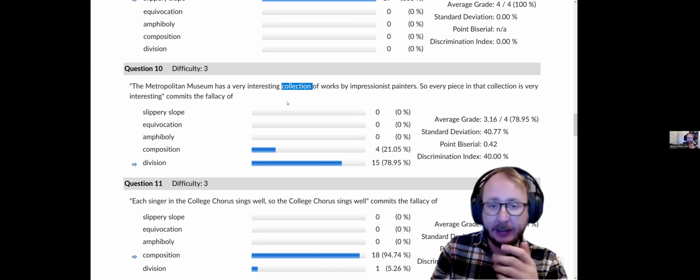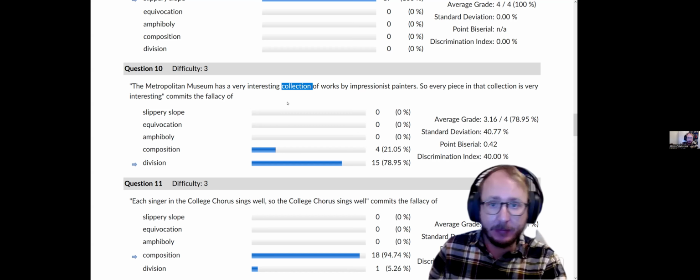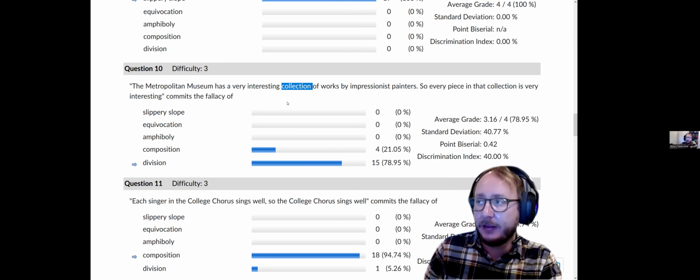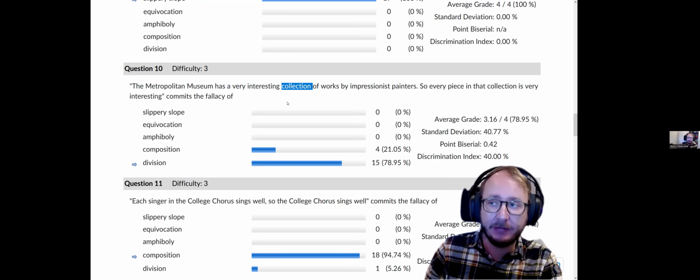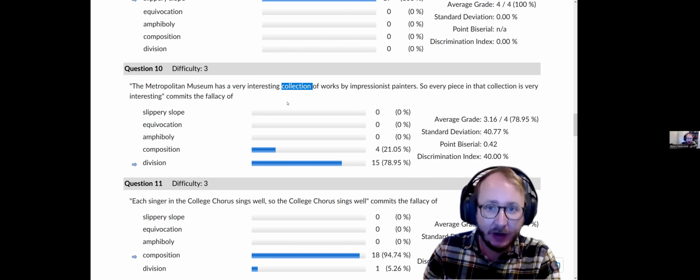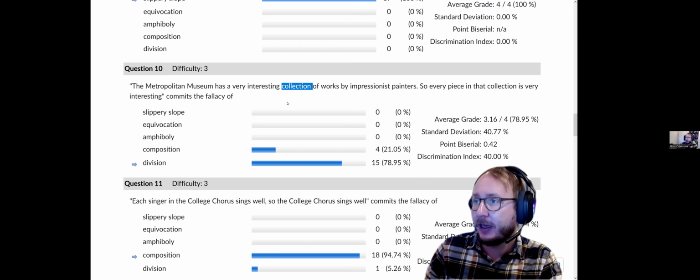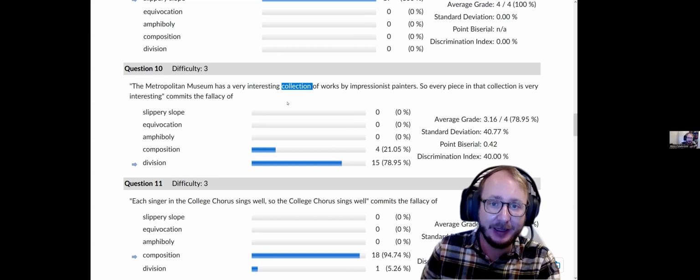But that would be composition. That would also be fallacious because even if you've got a bunch of interesting pieces, the collection might not be interesting if the pieces clashed with each other or they didn't work well with each other, right? It might kind of ruin the interest in the overall collection, even if every piece was pretty good.